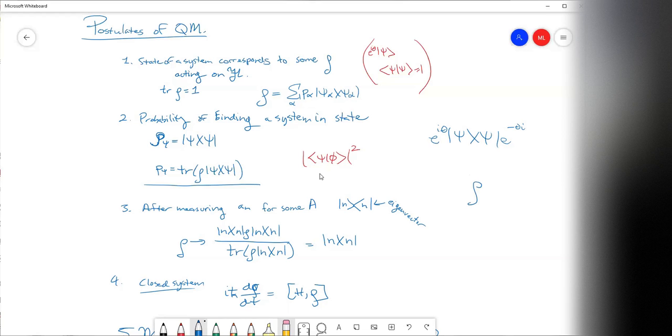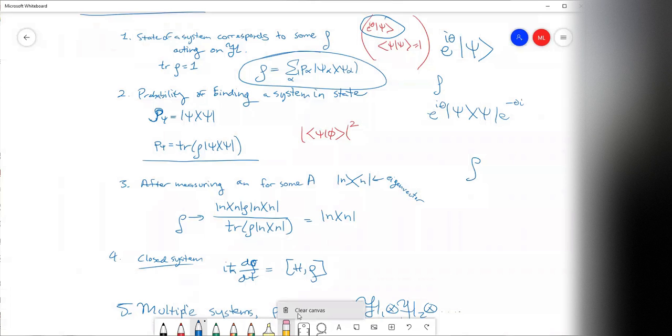Remember, in the old postulates, we had to say that a physical state is represented by psi up to a phase, so we can multiply by a phase, and that's still the same state. So it's kind of annoying. And using rho fixes that because rho is always of this form, so there's no ambiguity in the phase. Okay, thank you.